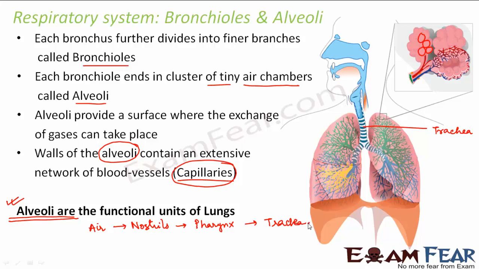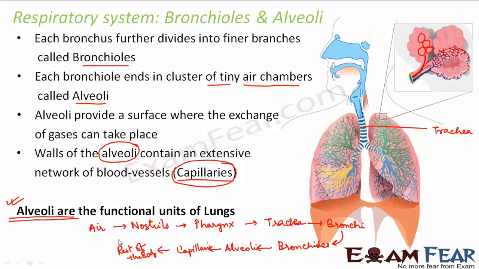From the trachea it branches out to form the bronchi. The bronchi further branch out into bronchioles, and the bronchioles end up in balloon-like tiny air chambers called alveoli. The walls of the alveoli contain an extensive network of blood vessels called capillaries.